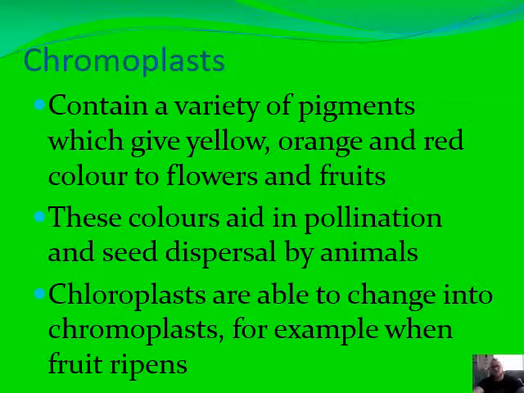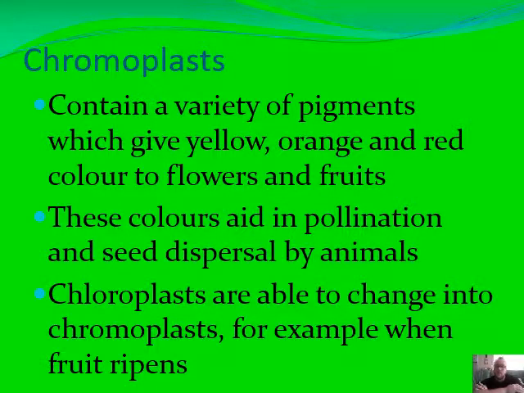So once the fruit itself has developed enough, it's gone through photosynthesis more than enough, and it recognizes that it now has enough glucose or starch to be able to be eaten, it will then change its green chloroplast, get rid of all the chlorophyll, and start producing stuff like xanthophyll and carotenoids. So xanthophylls are your oranges and your reds, and carotenoids are also like your oranges. So please also note that these things can change between each other, and that is what's going to help.